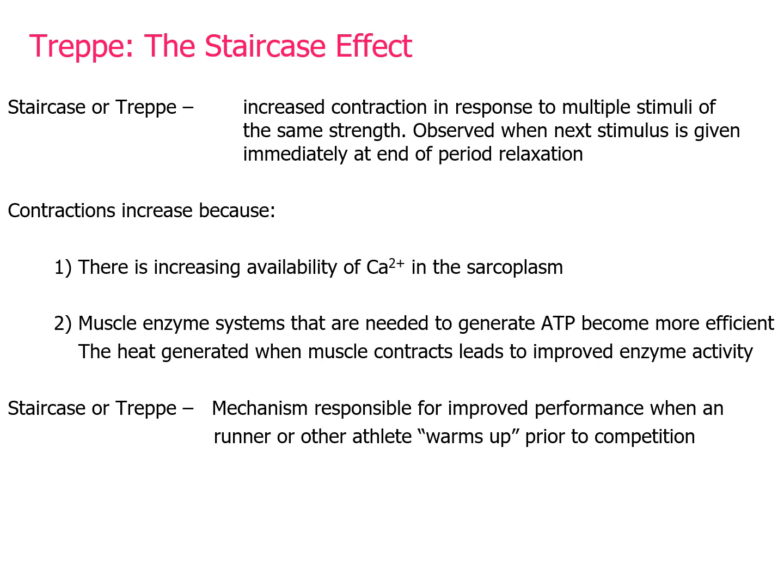So the enzymes involved in the pathways of formation of ATP in the muscle, and we're talking mostly aerobic respiration, things like glycolysis, pyruvate oxidation, Krebs cycle, electron transport chain, all of them are improved in efficiency as they warm up.